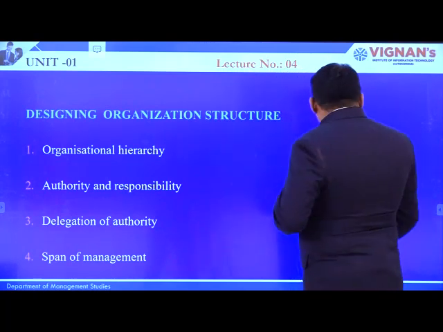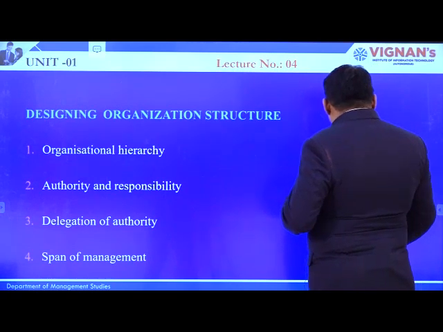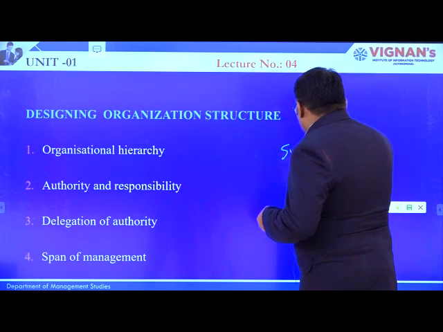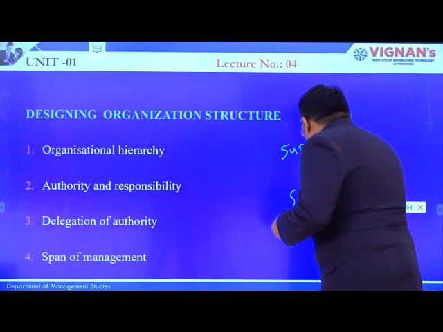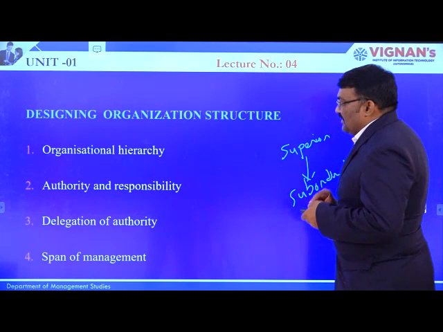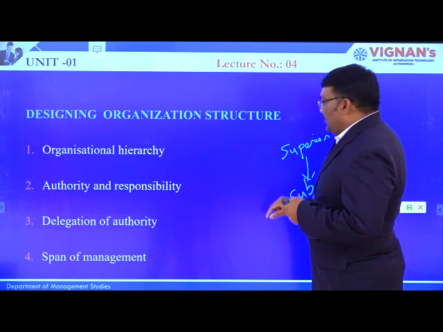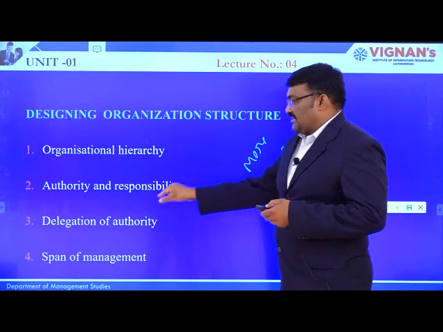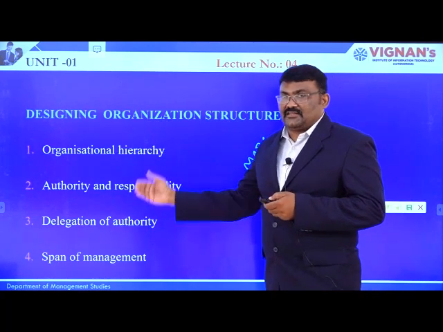As an example, take the superior and the subordinate. If the subordinate has less responsibility and the superior has more responsibility, then the organization structure will have a smooth flow of process from authority and responsibility.